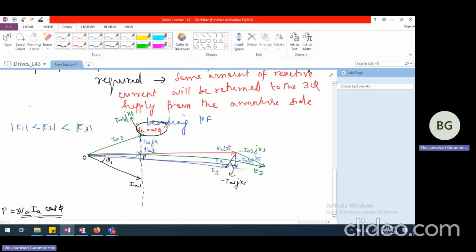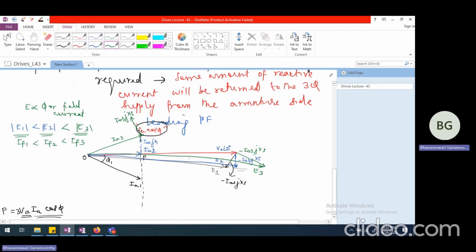We already said that excitation voltage is proportional to flux or field current. So at a given value of frequency, if I'm going to have more and more magnitude of excitation voltage, the excitation voltage magnitude can increase only if IF1 is smaller than IF2, which is smaller than IF3.